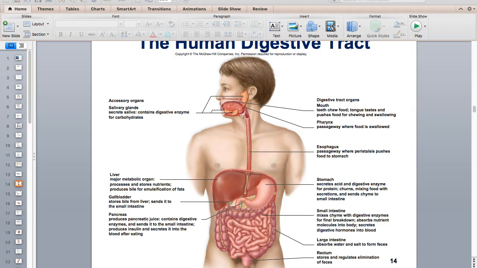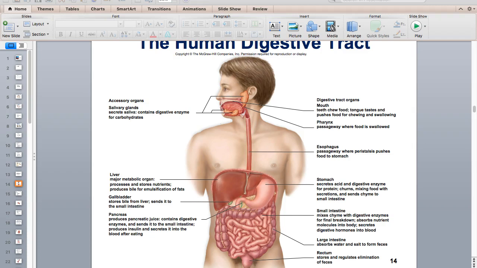So again, you might not be able to see this too well because the words are small. However, you guys can look at this and enlarge this on your own. Basically it has almost all the information that we're going to cover here in this nice, concise way, okay? It shows you all of the main organs of the digestive system and also accessory organs as well.